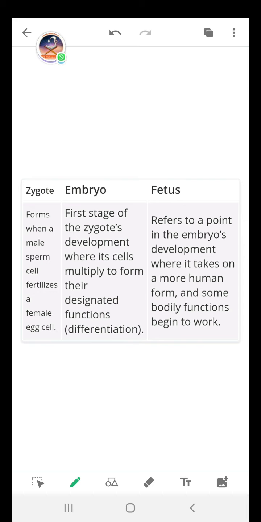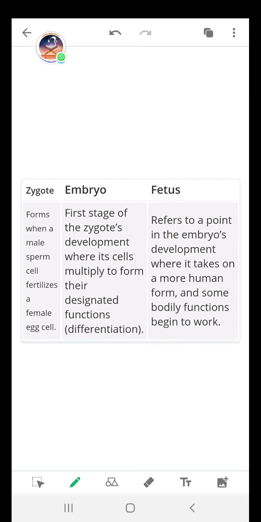So these three points are there: zygote is formed by the fusion of male and female gametes, embryo is formed by the repeated division of the zygote, and fetus is formed by the growth and development of the embryo. Zygote is the beginning of the formation of the baby.